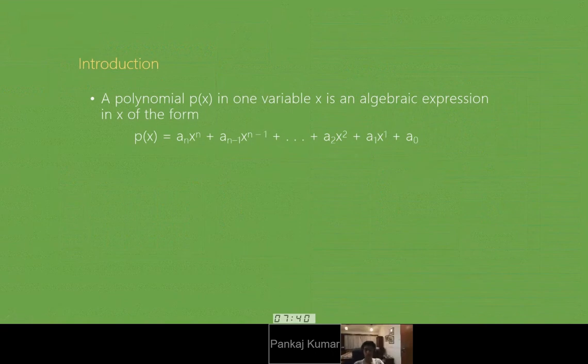So p(x) is equal to a_n x to the power n plus a_(n-1) x to the power n minus 1, and so on, up to a_0 x^0. The last term is a_0 x^0.